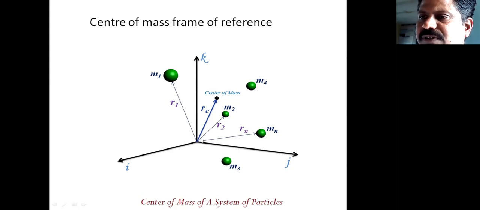With respect to this reference point, we are measuring all the variables. What is the position of this particle with respect to the reference point? R1 is the distance of particle M1 with respect to the chosen fixed point, or you can call R1 the position vector of mass M1. Similarly, for particle M2 it is R2.